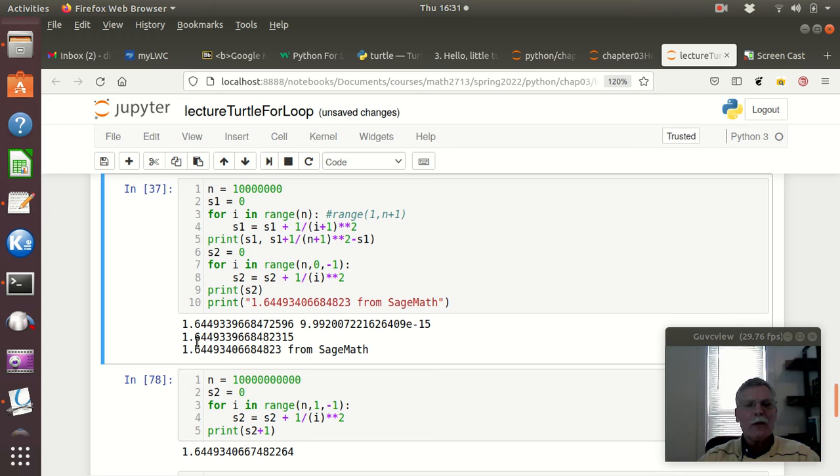So that would be 1, 2, 3, 4, 5, 6, 7 decimal places now. But we also see here, this is starting to get really close to where we aren't going to be able to see it.